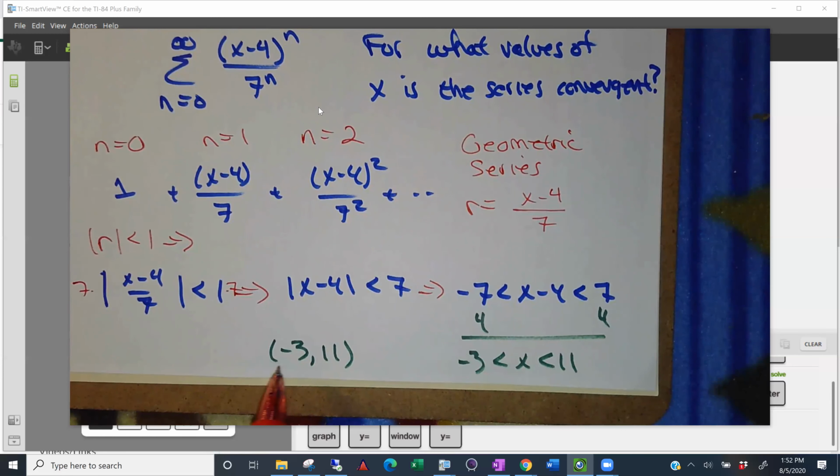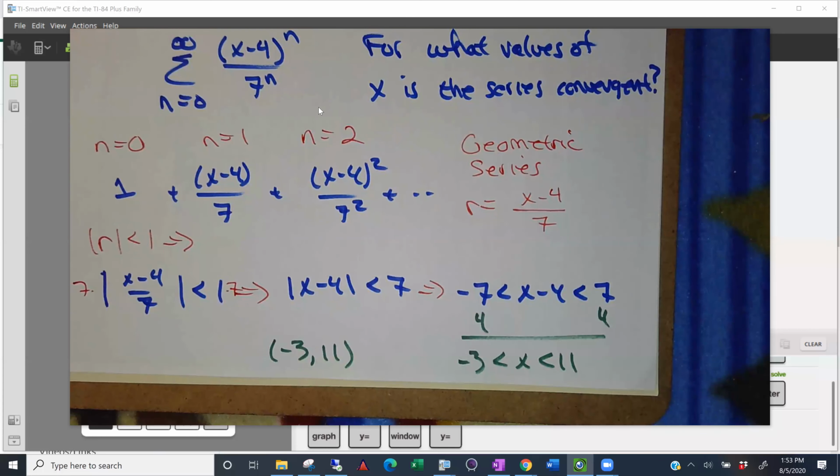That would be this. How come I'm not using brackets here and I'm using parentheses instead? It's not equal to them. Yeah, it's not a less than or equal to, it's just a less than for both of these. So neither one of these contains the endpoint. At the endpoint, things may be different. In fact, they would be different. They wouldn't converge.